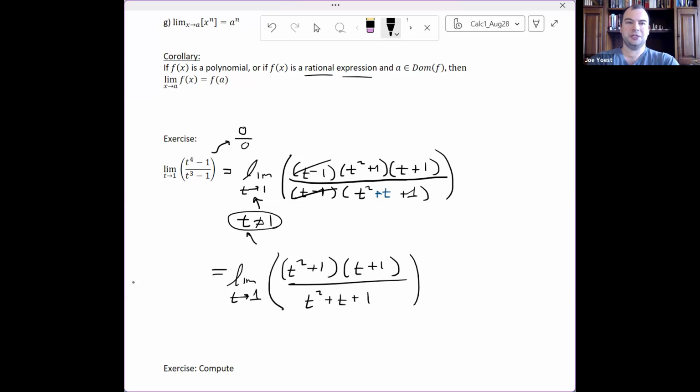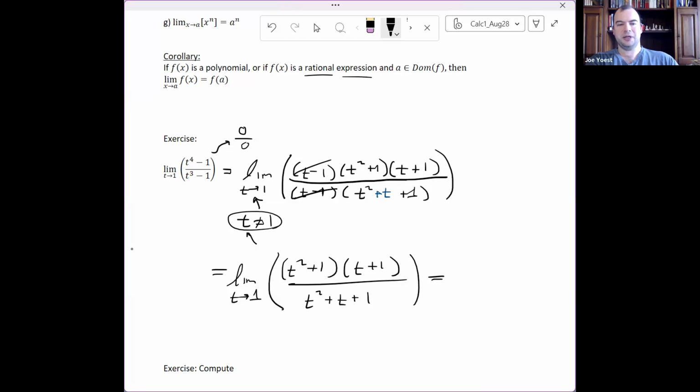Again, I have a rational expression. It's a slightly different rational expression. Now, if I plug t equals 1 into the denominator, well, I get 1 plus 1 plus 1. That's just 3. That's not a 0. 1 is in the domain of this rational expression.